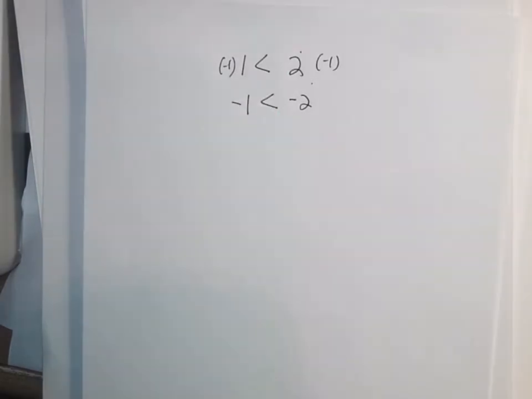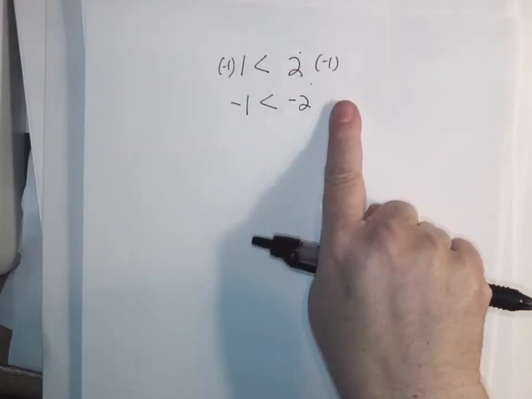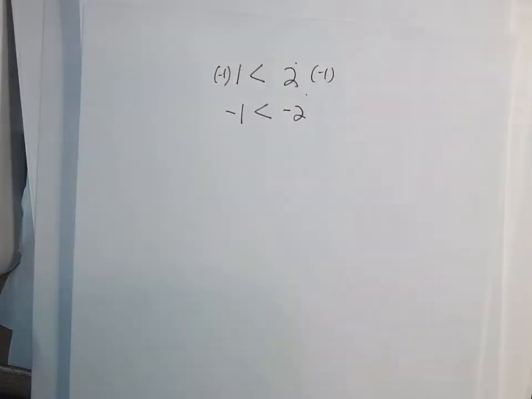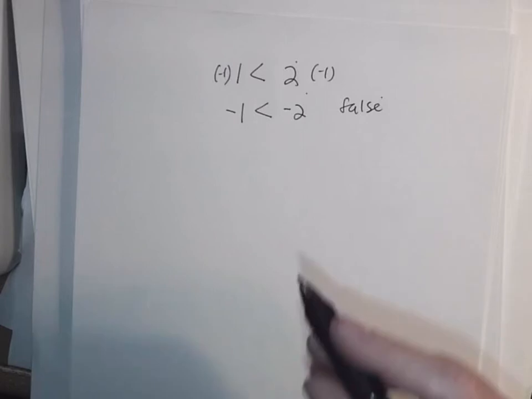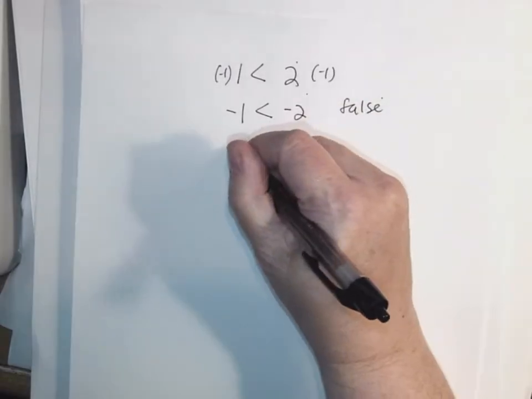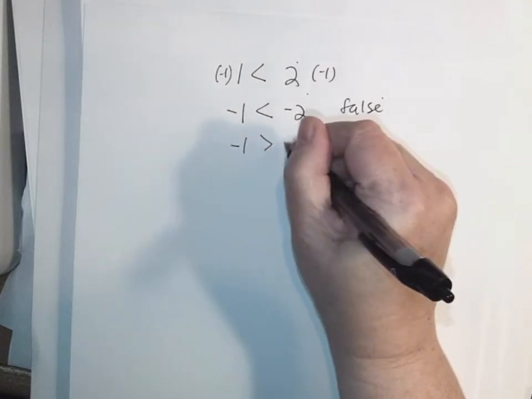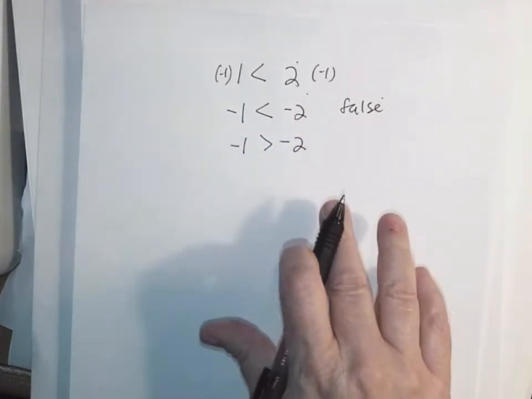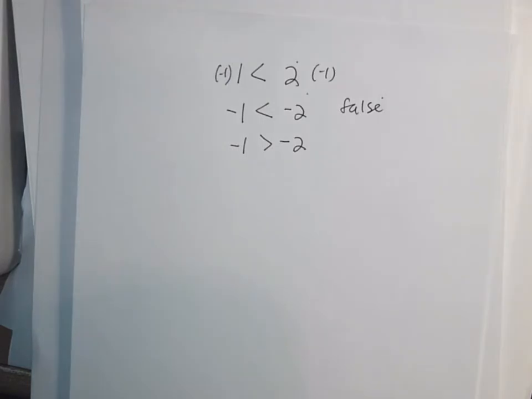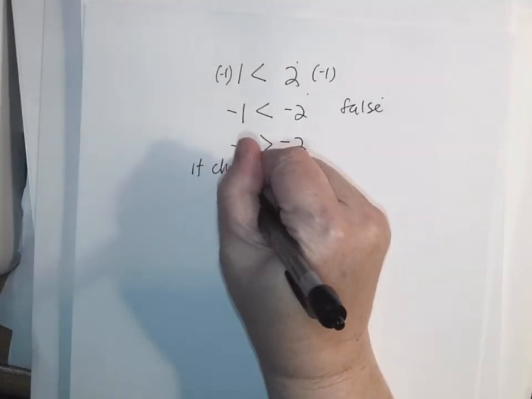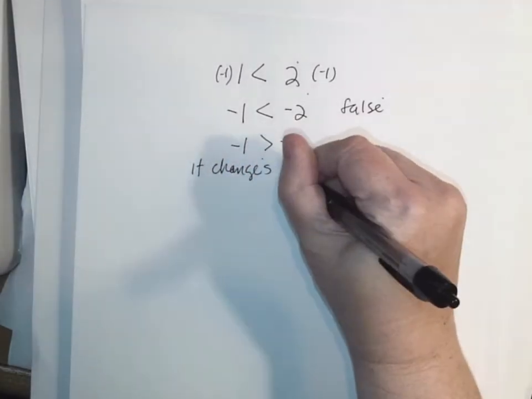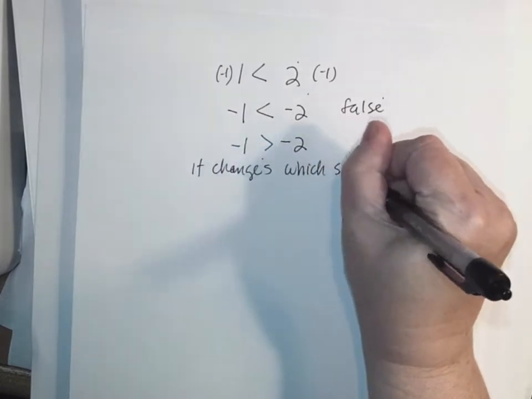I didn't change the sign, and as you can see, this is false. So what we would have to do is flip that sign to make it true. Because when you multiply or divide by a negative number, it's going to change which side is larger. And this is why you need to flip it.